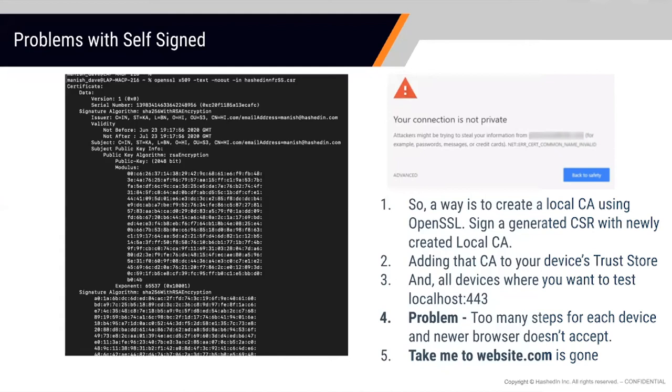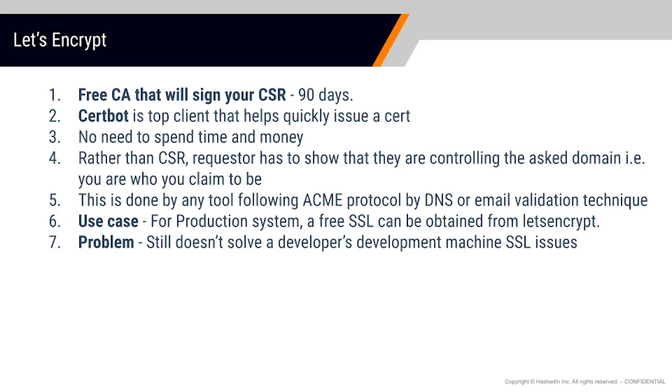But there are too many steps involved: generating a local CA, signing your certificate with that local CA, and installing the CA in every browser and every device. That's a little complex. Now there are other tools which help you with that.